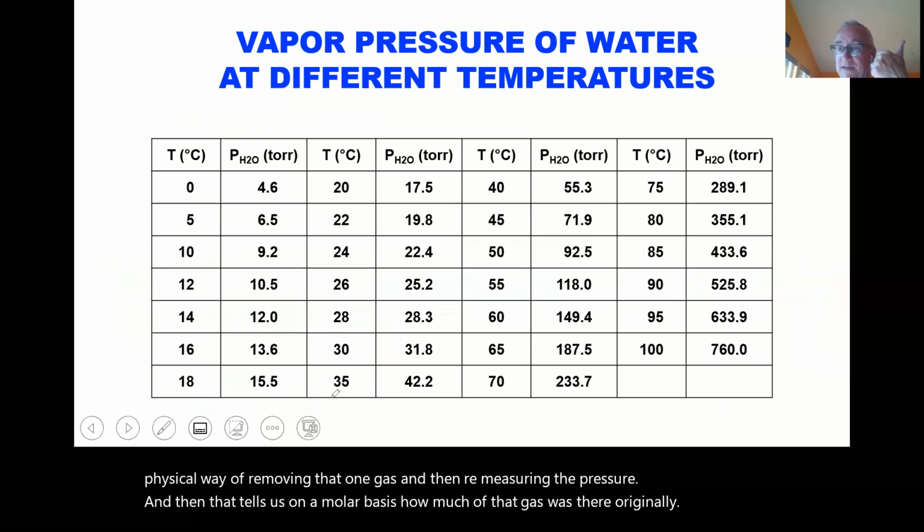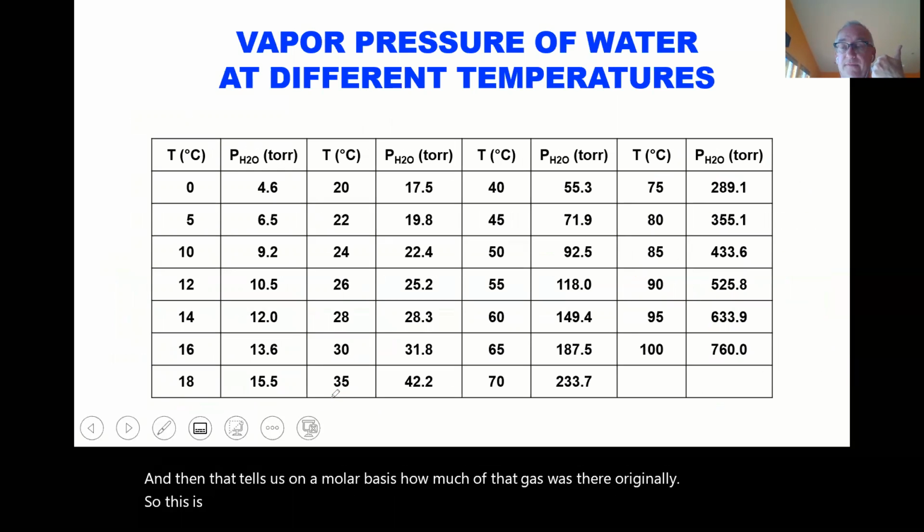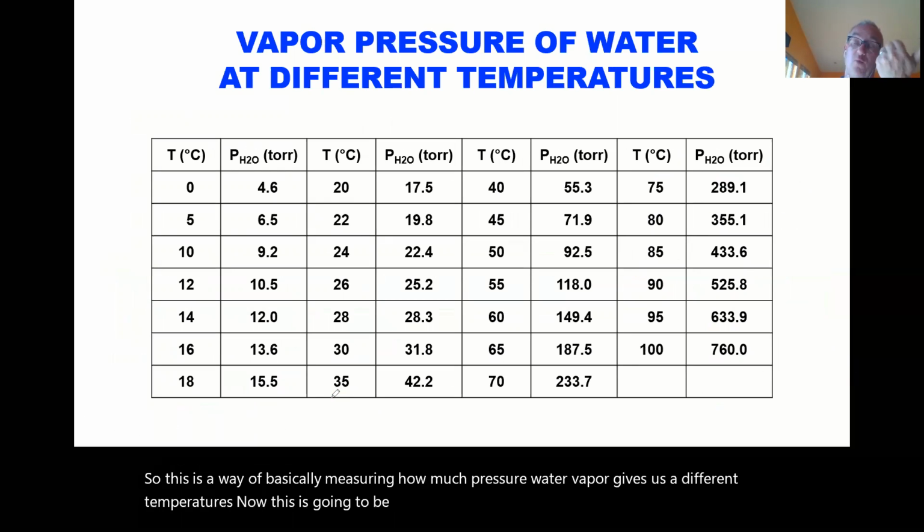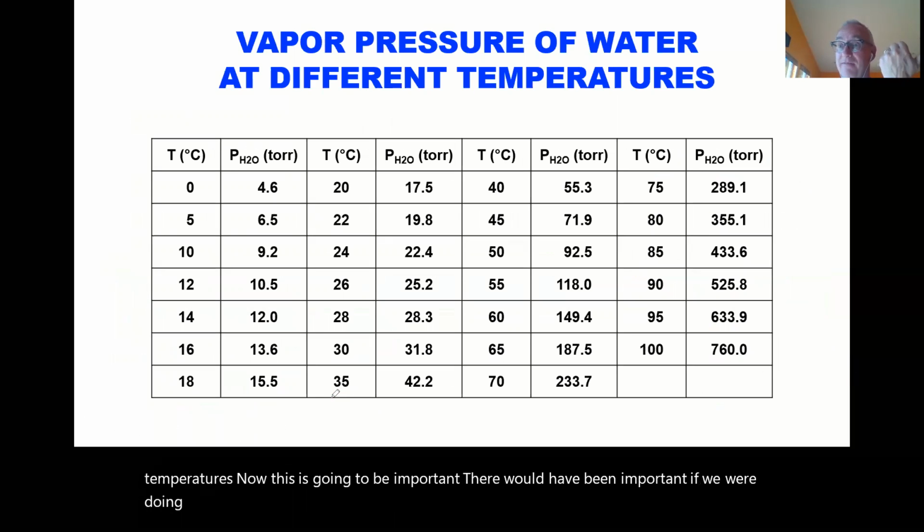So this is a way of basically measuring how much pressure water vapor gives us at different temperatures. Now this is going to be important, or would have been important if we were doing the lab in real life, and you would have determined R by doing a reaction that releases hydrogen gas.